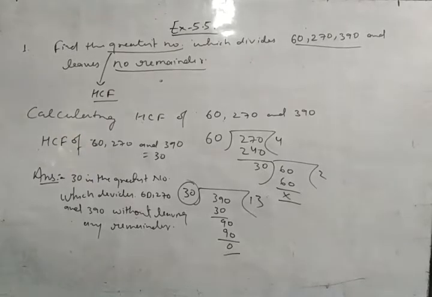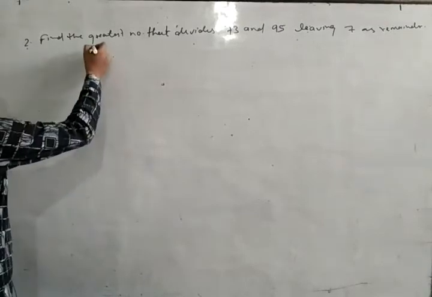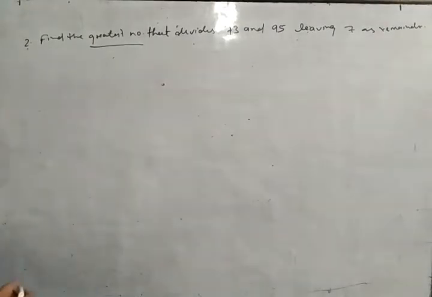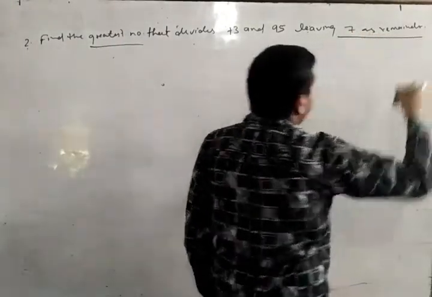Now we will go to the second type of questions, which leave some remainders. Our second type of question is find the greatest number that divides 73 and 95 leaving 7 as a remainder. Now you have to notice the words greatest number, and second, leaving 7 as remainder.